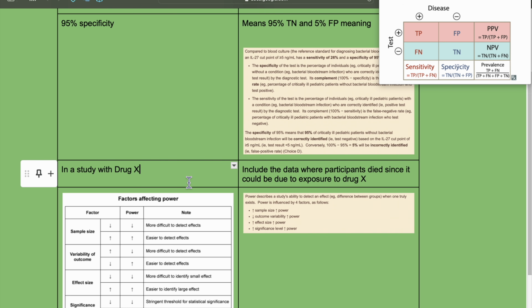I think it was a question about intention to treat or per protocol. In intention to treat, you should include all the participants, even if they died, since it could be due to exposure to the drug X.